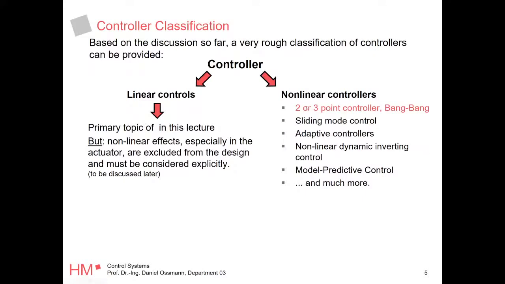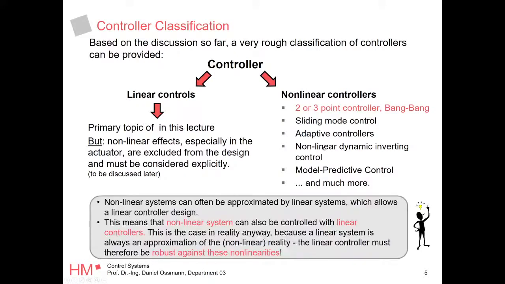Well, this is a pretty simple one. Then we have sliding mode controllers, adaptive controllers, nonlinear dynamic inversion controllers. On each of these topics, you can basically do a PhD, right? So we're going to stick to the linear world. The only exception is we're going to talk about a nonlinear controller, the so-called bang-bang controller, in a minute. Why? Because it's simply often used.